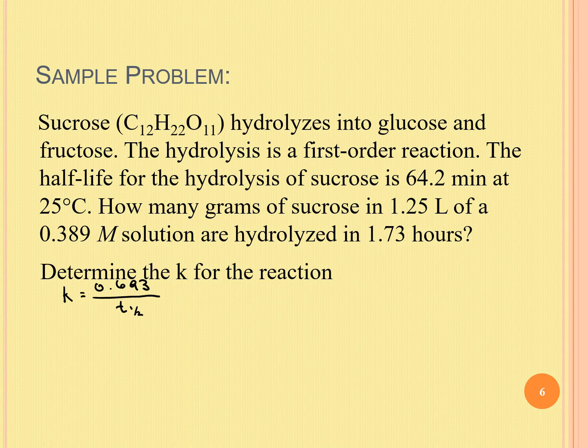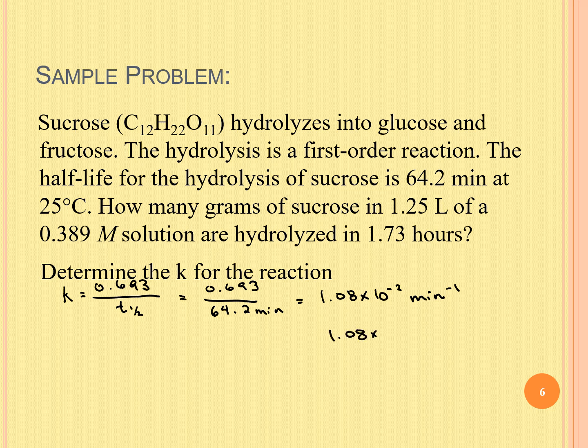They gave us the half-life, so this is equal to 0.693 divided by 64.2 minutes. So we end up with 1.08 times 10 to the minus second, and that is in inverse minutes, which are the right units for K.